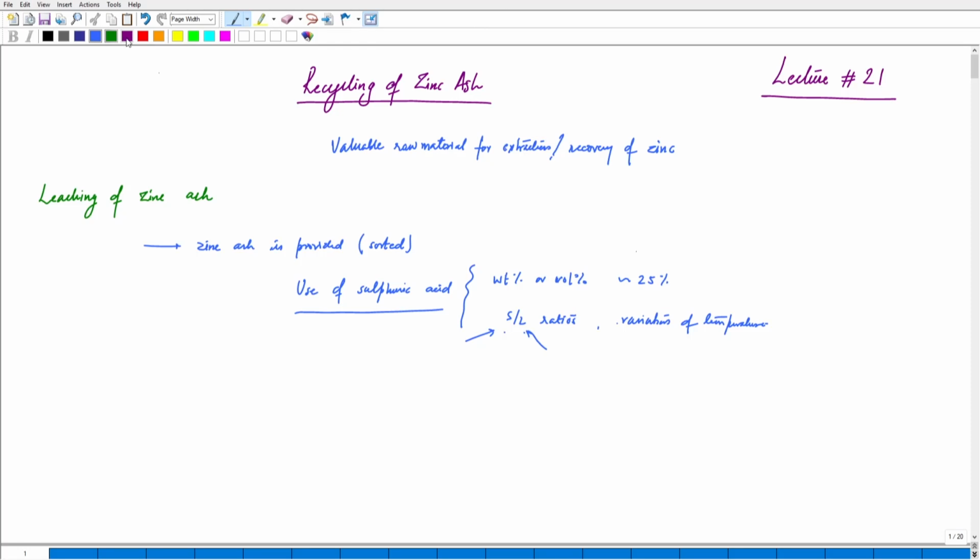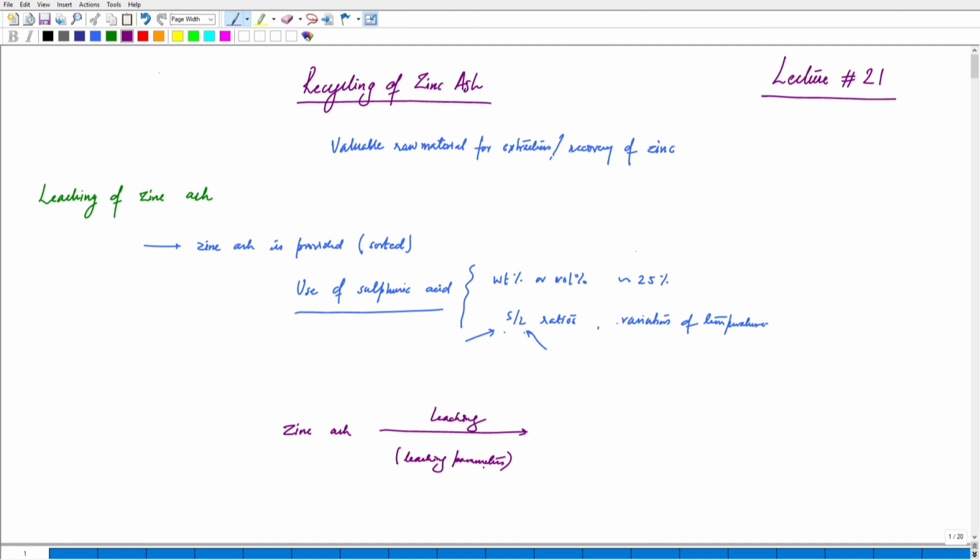And what does this do actually? If we are trying to make a flow sheet, we have zinc ash, and we just leached it. And of course we followed the leaching parameters. And leaching parameters are a whole set of parameters that include S by L, concentration, variation of temperature, and whether we provided agitation or not.